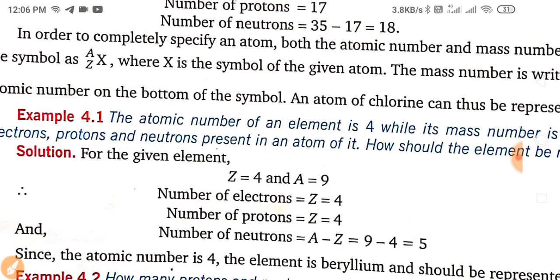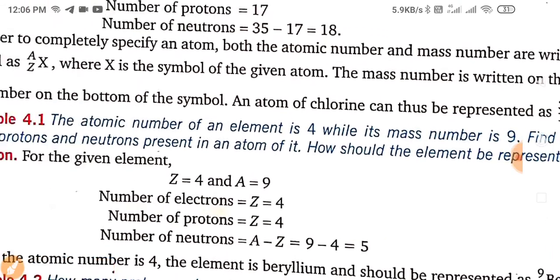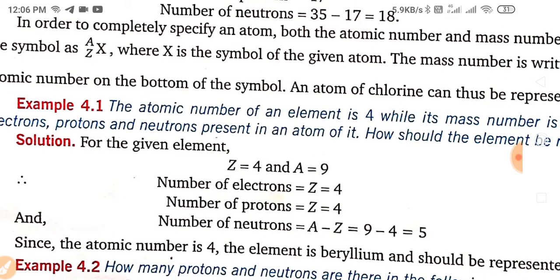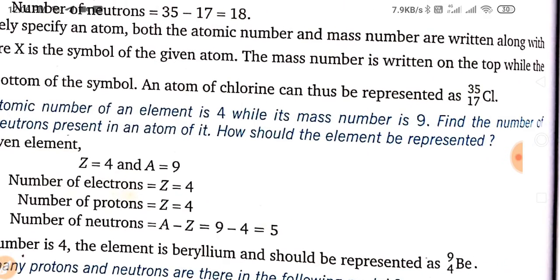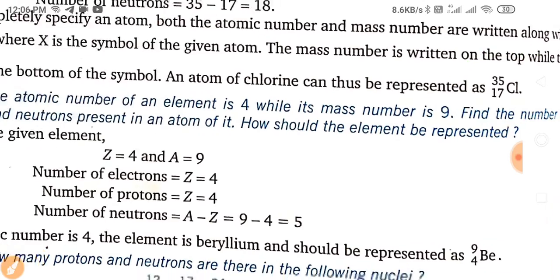The mass number is written at the top while the atomic number is at the bottom of the symbol. An atom of chlorine can thus be represented in this way: the proton number is 17 and its mass number is 35.